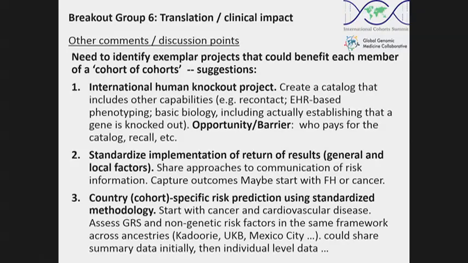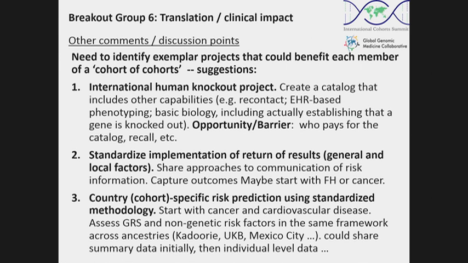We thought we would create a catalog that includes not only whether individuals have knockouts, but what other possibilities are presented by those individuals. Can you recontact them? Do they have electronic health records that can then be interrogated to identify phenotypes associated with the knockouts, the so-called phenome-wide association, PheWAS approach?